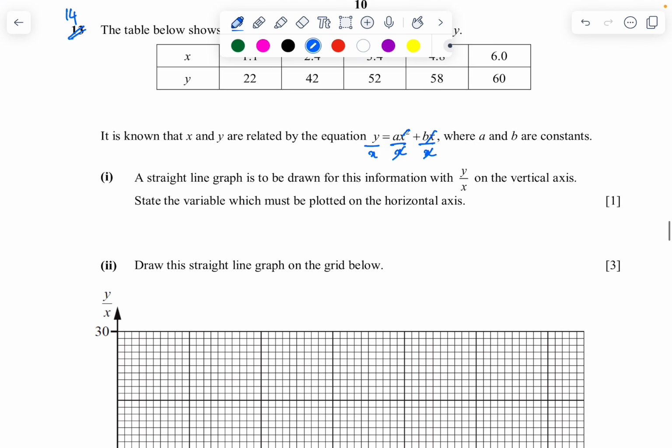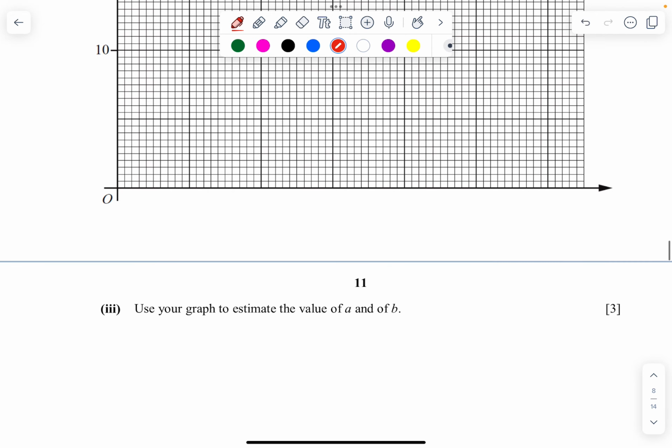So now the question is asking, so our equation is ax plus b. This is our equation. So now the question is asking, a straight line graph is drawn for this information with y by x on the vertical axis. State the variable which must be plotted on the horizontal. So horizontal must be x. So here I'll write it as x.